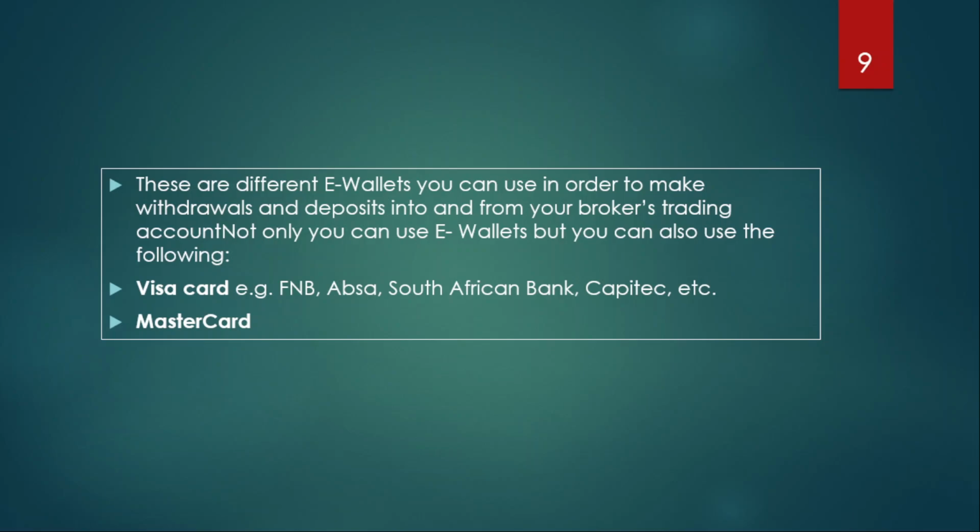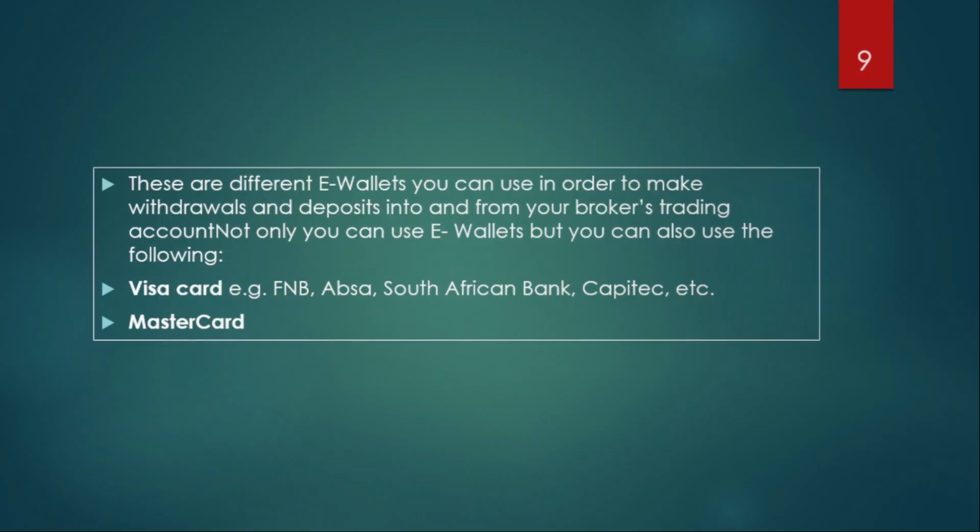For example, to use a Visa card for deposits and withdrawals, you will need banks like FNB, which is First National Bank, ABSA, South African Bank, Capitec, etc. These are the banks that offer Visa cards, and with a Visa card you can send or receive money from anywhere in the world.